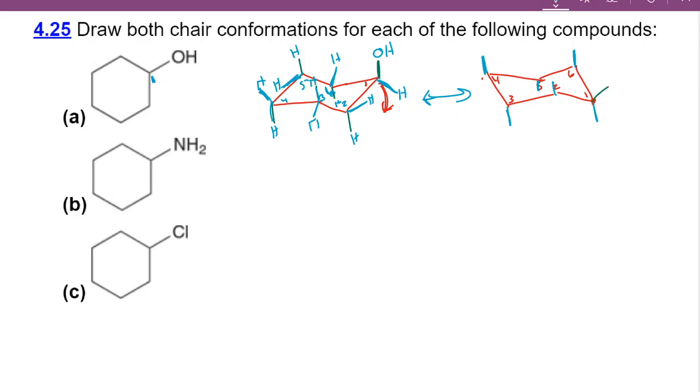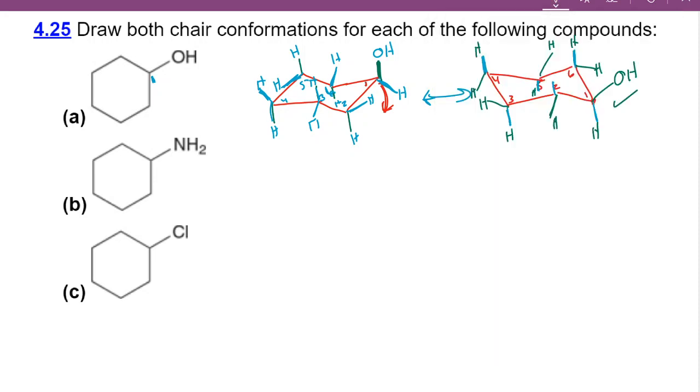So that OH group is now equatorial on carbon 1, equatorial up because it was axial up. If it was axial down, now it's equatorial down, okay? And that's the 2 chair conformations for this compound. So which one's lower energy? The one where the OH group is equatorial.